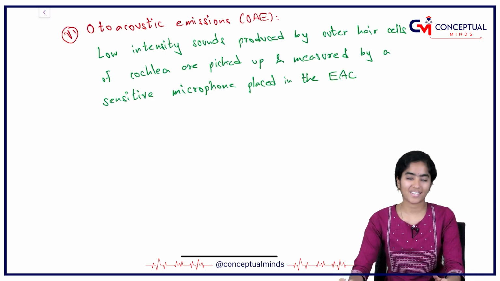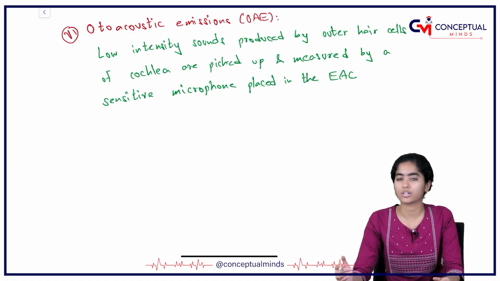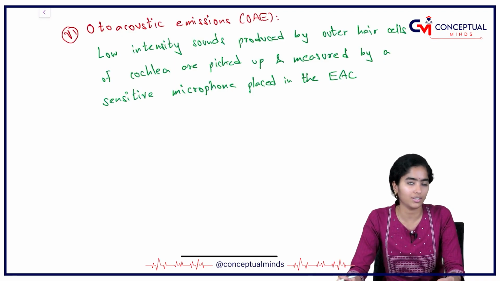So this test is basically measuring the function of cochlea only, to be precise, not some retrocochlear lesion. Only the cochlear lesions can be picked up by otoacoustic emissions.